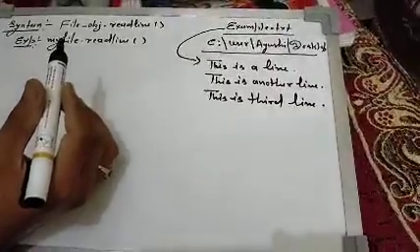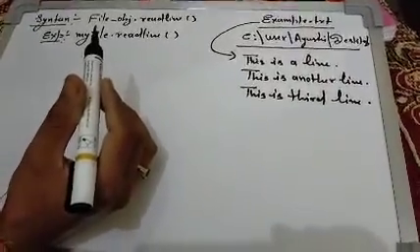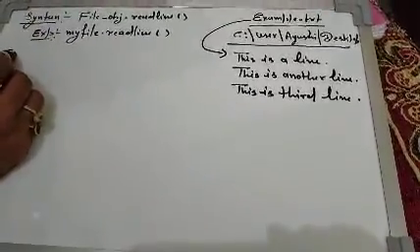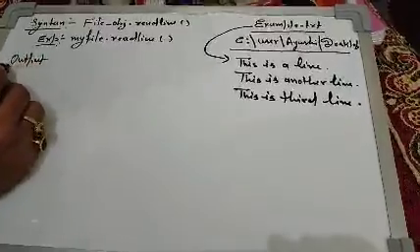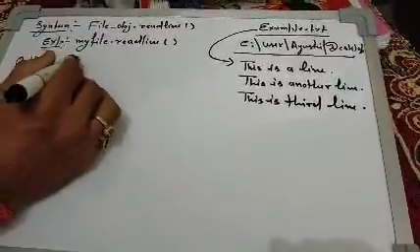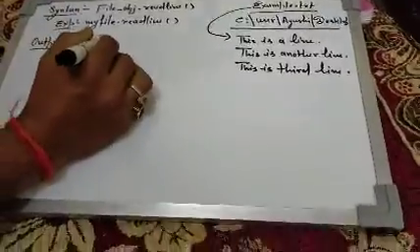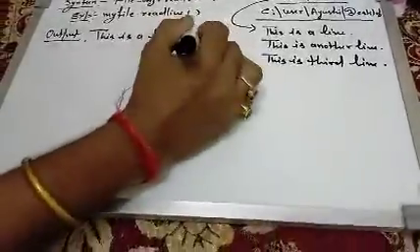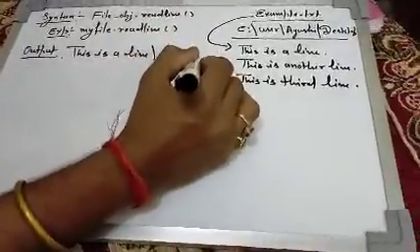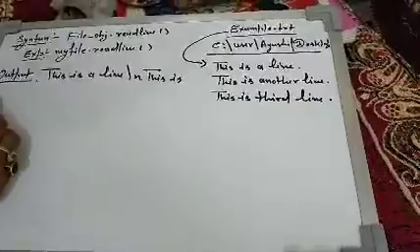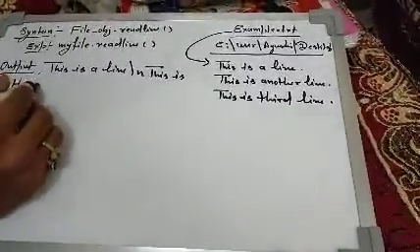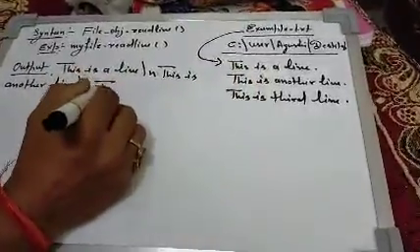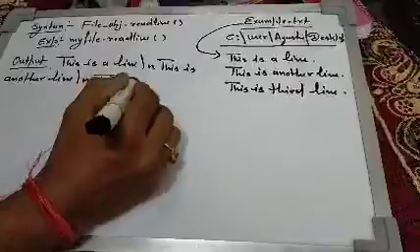As we know the readline function reads a file line by line, so the output will be: this is a line, backslash n, this is another line, backslash n, this is third line.